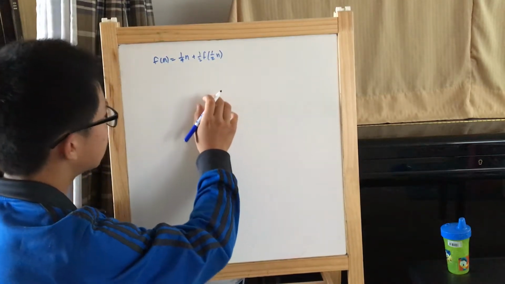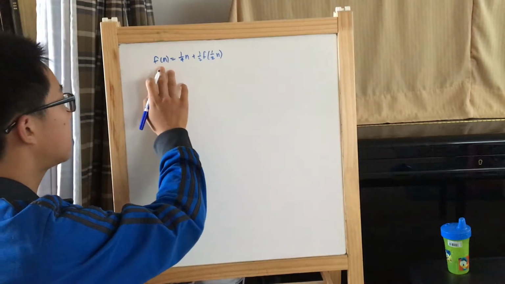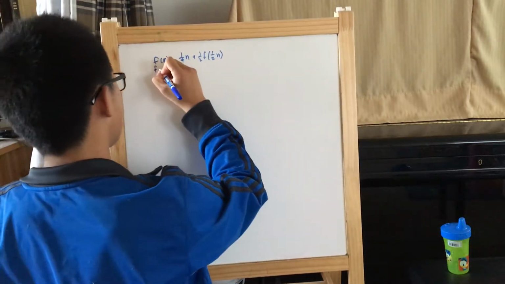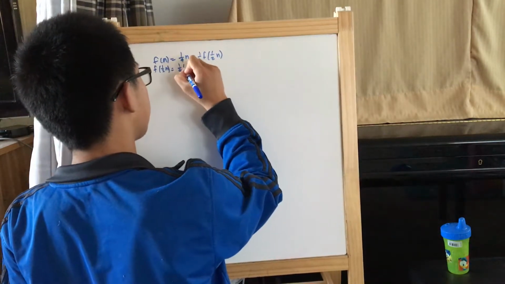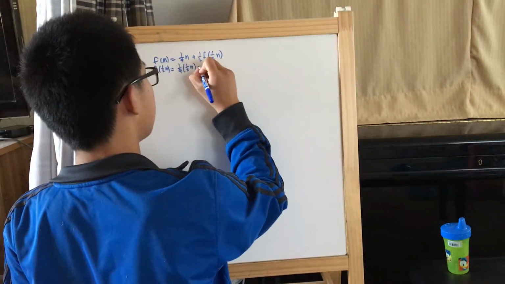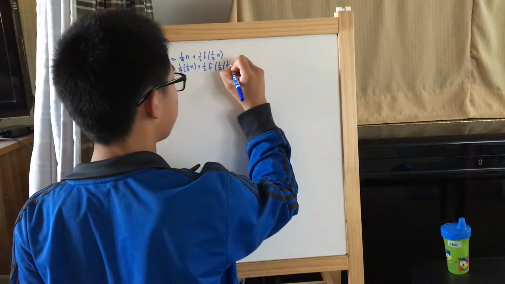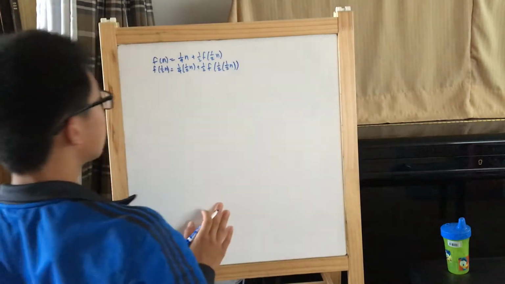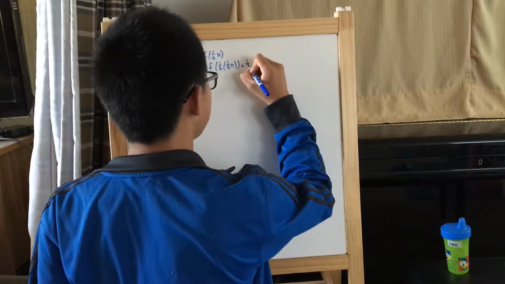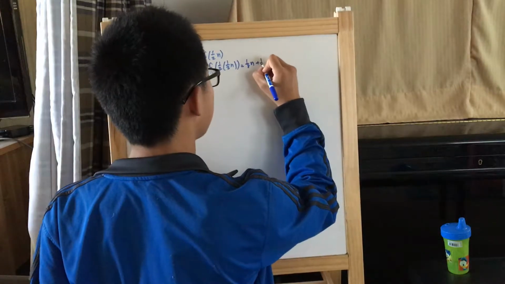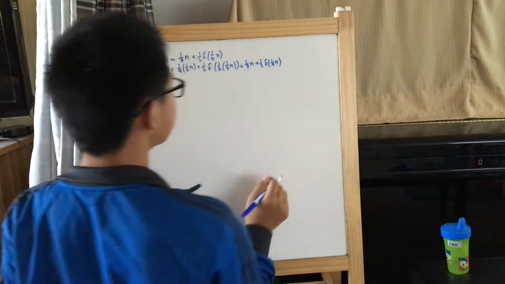We can do that by substituting n with 1/2 of n into this equation. So that means f of 1/2 n equals 1/4 of 1/2 n plus half f of 1/2 of 1/2 n, which simplifies to 1/8 n plus half f of 1/4 n.